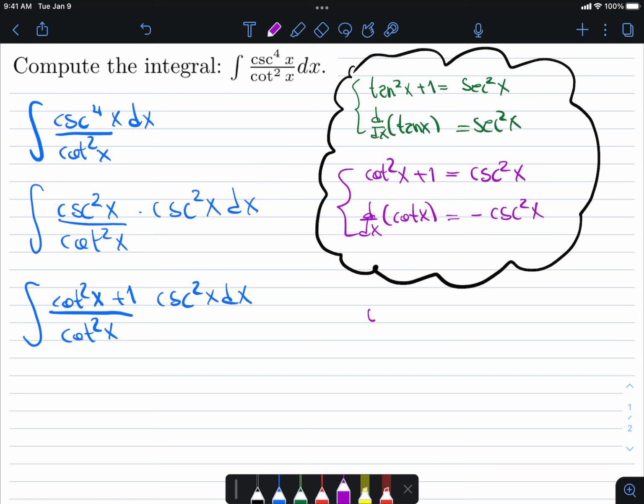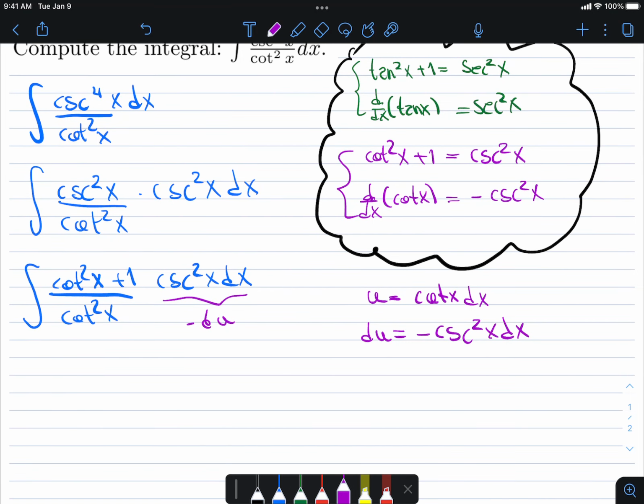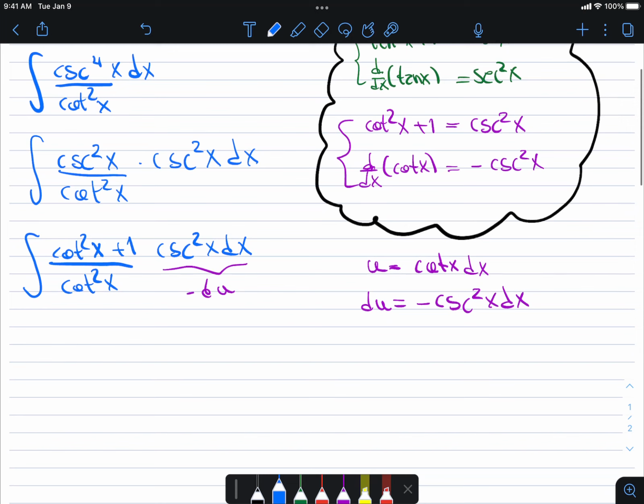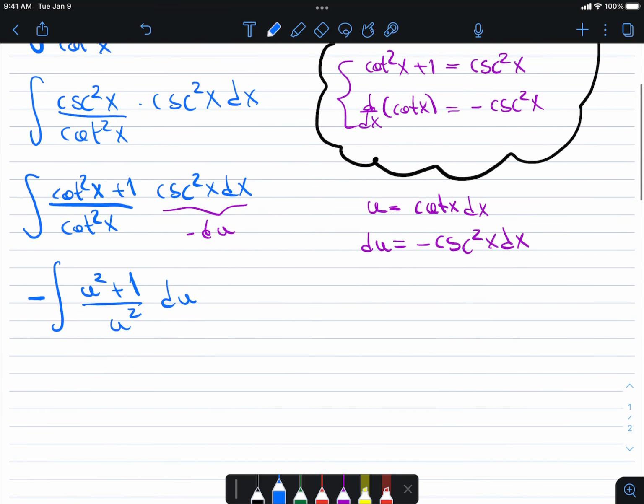So I will make u equal to cotangent x, which means then that du, the derivative of cotangent, like we said, is minus cosecant squared x dx. So this is exactly that, with a minus sign, right? So I can write this as a big minus sign outside, u squared plus 1 over u squared du.